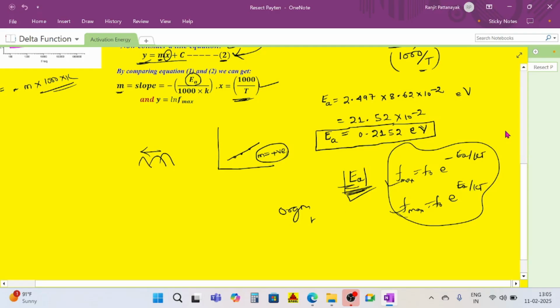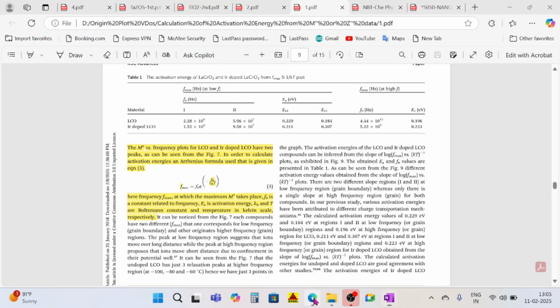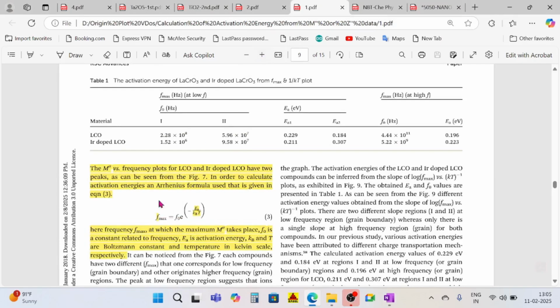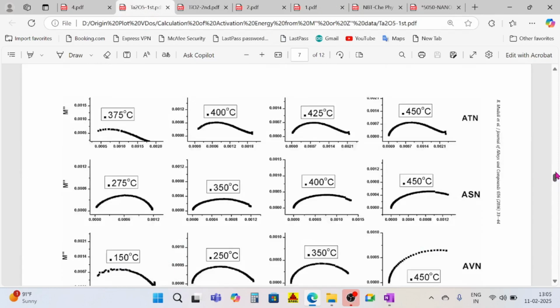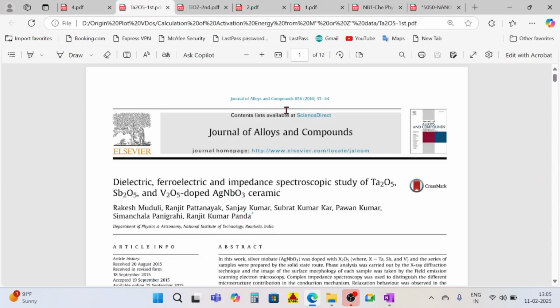Here I am going to show you some research articles where this Arrhenius equation is used. Here you can see the Arrhenius formula used as f max equals f0 e to the minus Ea by kBT, what we have discussed. This is one of our research articles, published in 2016.